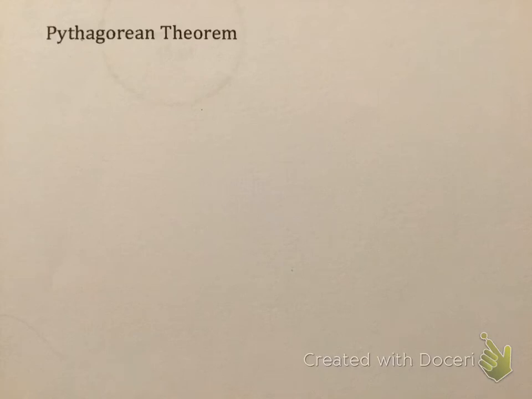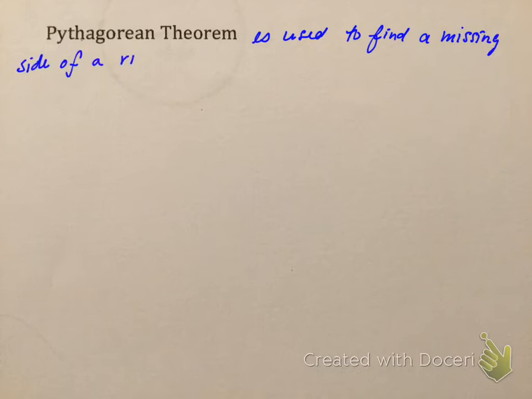So the next thing that we have to learn about is the Pythagorean Theorem. The Pythagorean Theorem is used to find a missing side of a right triangle. If you remember before, a right triangle means that inside the corner of that triangle there is a 90-degree angle.